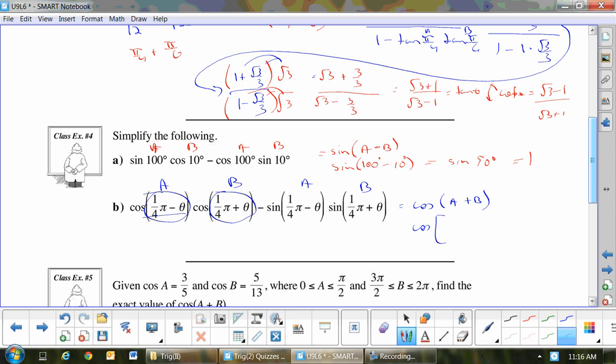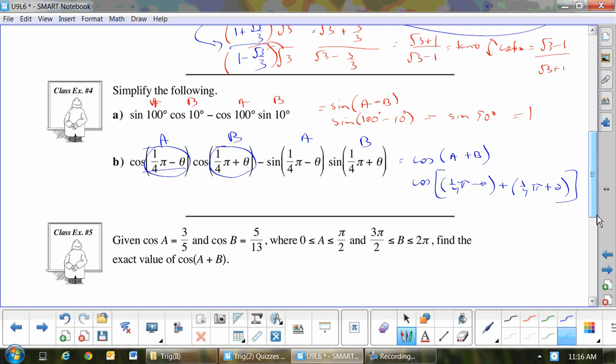A is 1/4 pi minus theta, and that is minus, plus I should say, 1/4 pi plus theta.